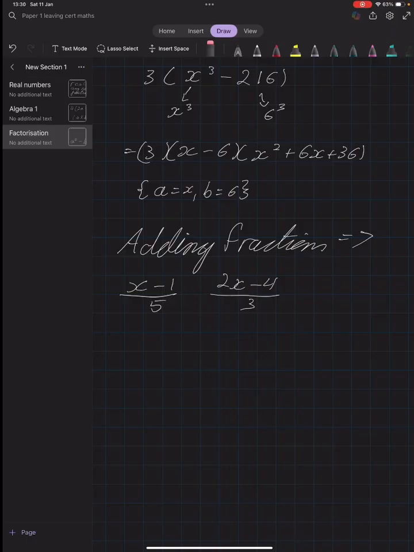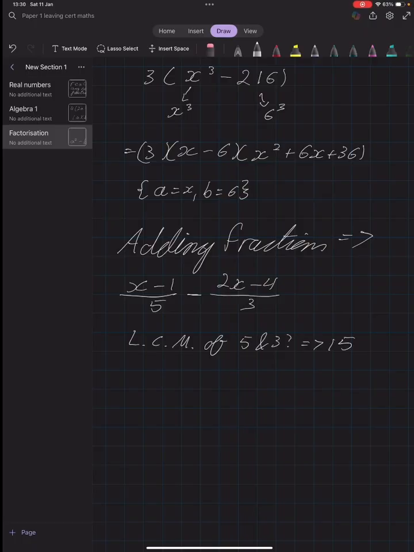Just to make this a bit harder, and so I can explain two concepts in the one, I'm just going to change that to a minus. So now with the minus, I want the bottom number to be the same. I want to minus them off each other. So again, adding and minusing are basically the same thing. If you want to add fractions or minus fractions, I just want the bottom number to be the same. Okay. What is the lowest common multiple of 5 and 3?